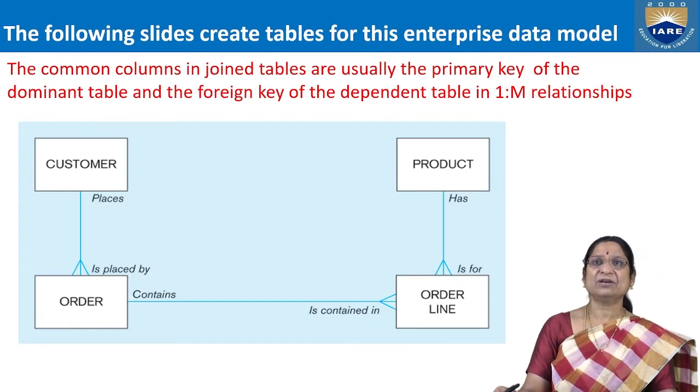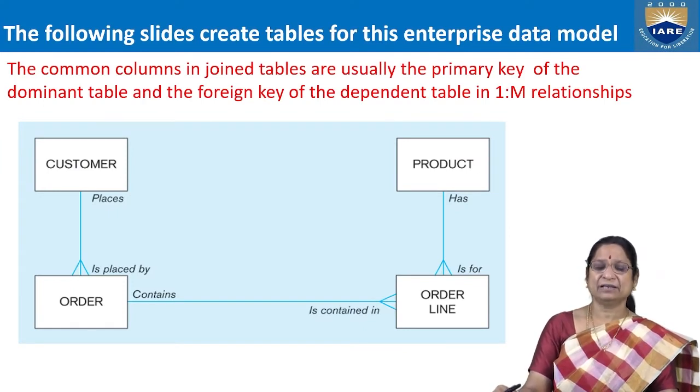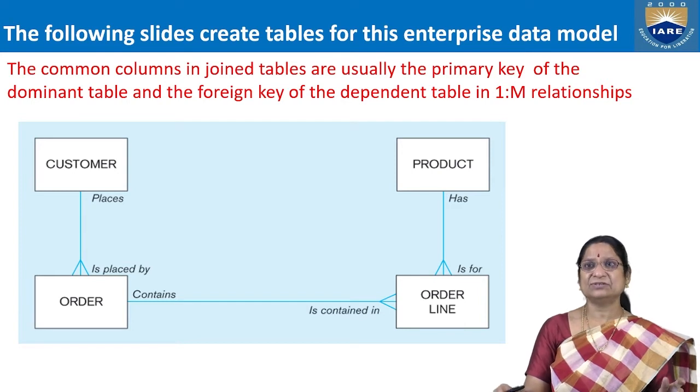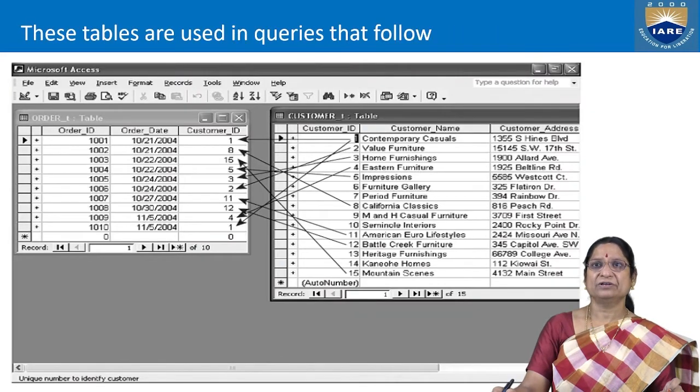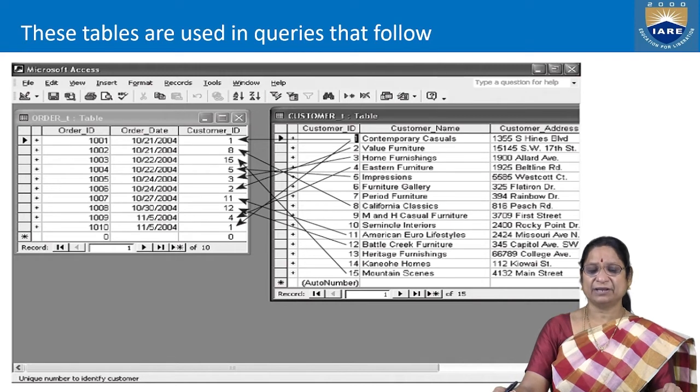Some of the queries we are going to use further are based upon these tables also: customer, order, product, order line. This is the entire syntax we are having. Customer and order are in a one-to-many relationship, product and order line are in a one-to-many relationship, and those are connected in multiple ways. So let us assume that these are the tables we are having.